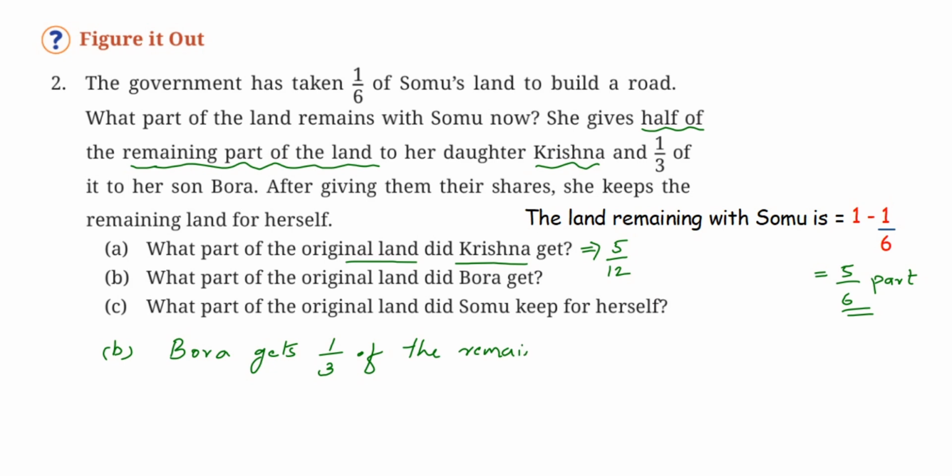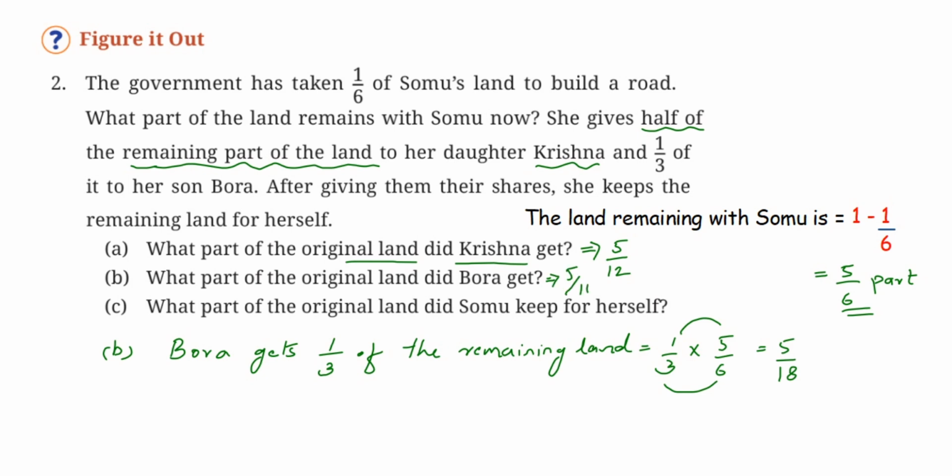Remaining land is the one after the government has taken the land. How much land is left? 5/6 is left. Of 5/6, 1/3 she gave to Bora. So 1/3 of means multiplication of the remaining. What is the remaining? It is 5/6. So you have to multiply. 1 times 5 is 5. 3 times 6 is 18. So Bora gets 5/18. Let me write here, this is 5/18.